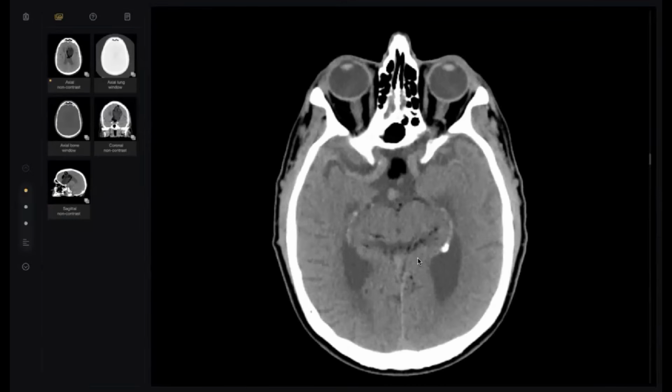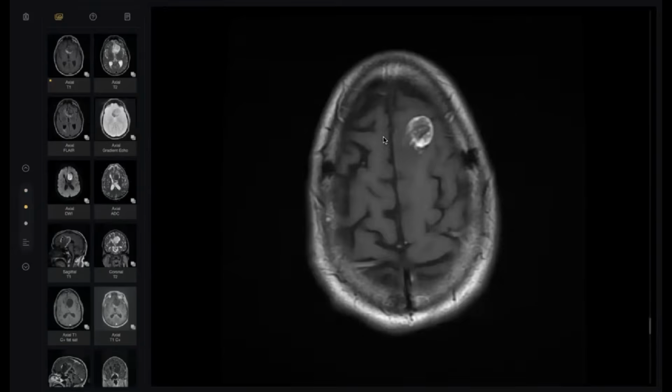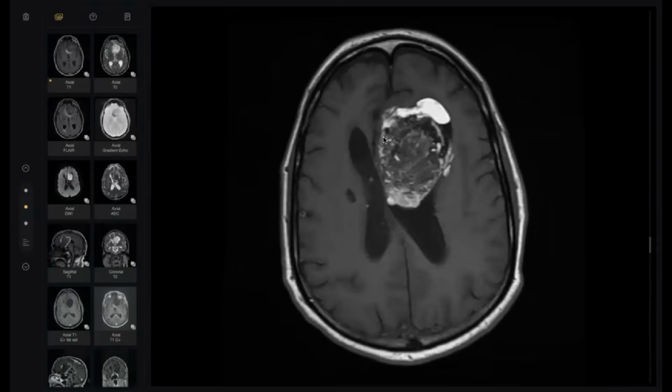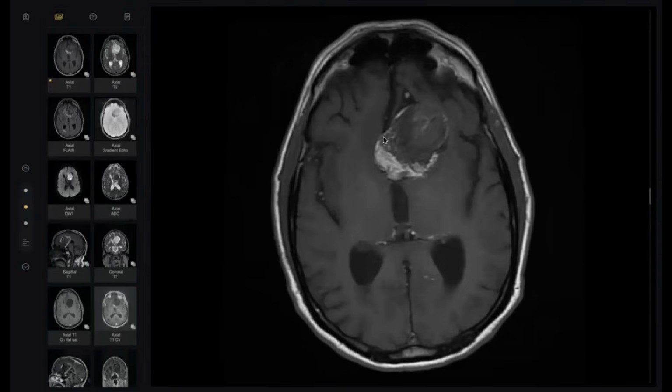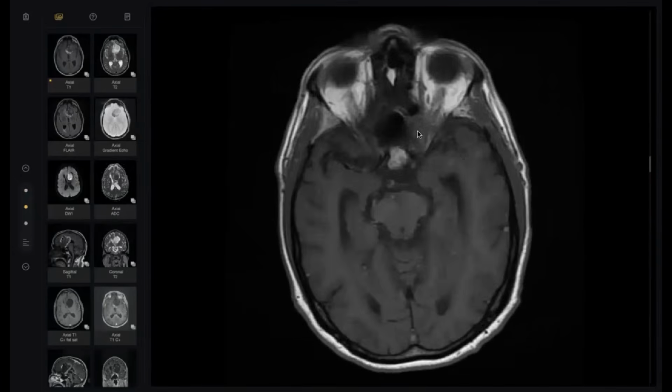So overall, when we are dealing with a high T1 signal like this, before you decide this is hemorrhagic or fat, at least compare this one with any nearby fat, like this.